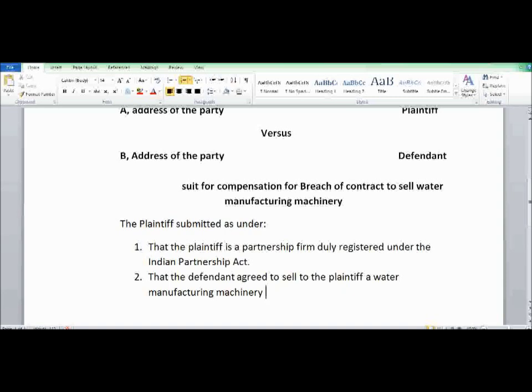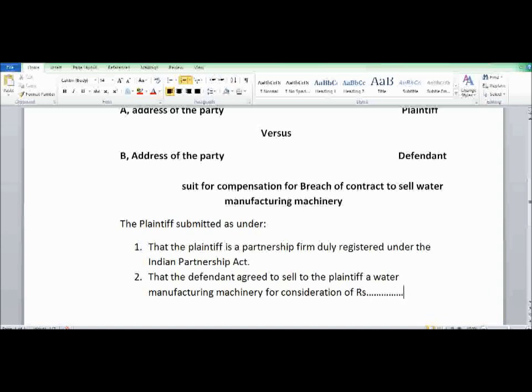Now we will also add for what consideration he agreed to sell the machinery. So write the amount also: that he agreed to sell the water manufacturing machinery for a consideration of rupees, and here you will write the amount.